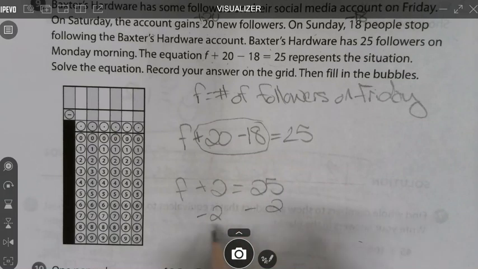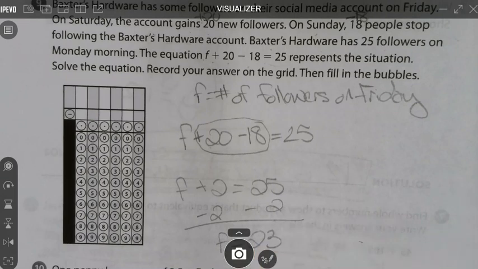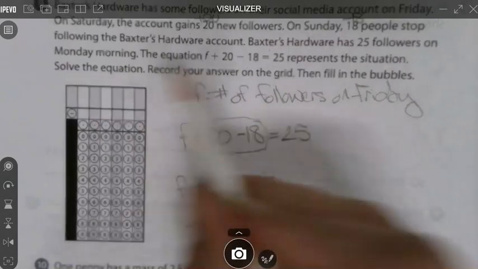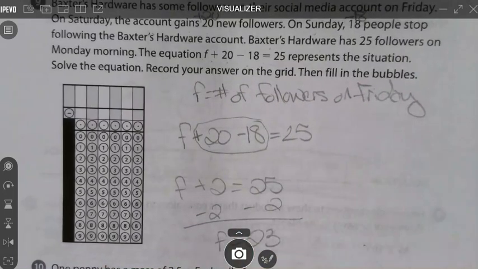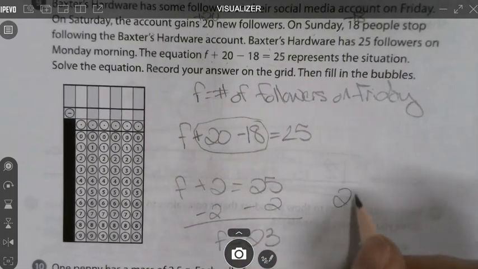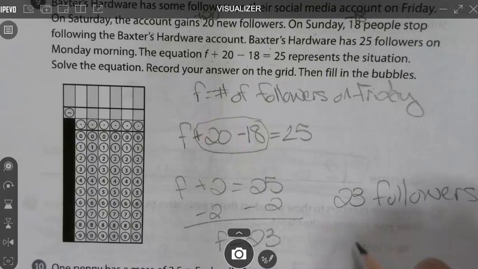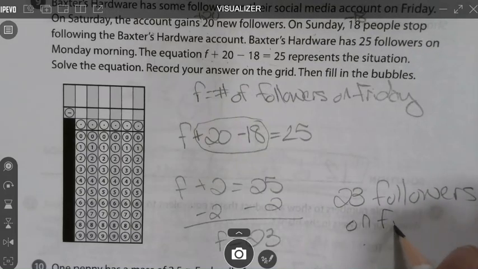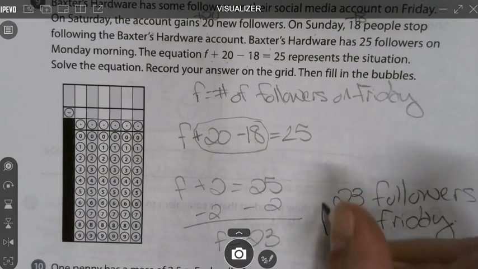Balance it by doing it the same way. So F would equal 23. Representative recorder. So how many followers? He had 23 followers on Friday morning. On Friday or Friday morning? Let's just put Friday.